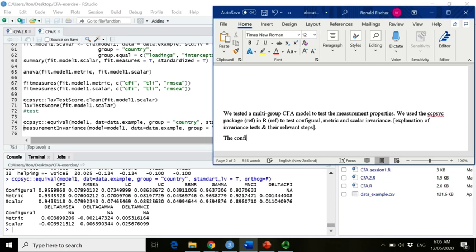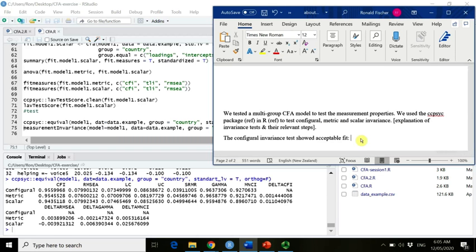The configural invariance test showed acceptable fit. I'm jumping ahead here a little bit. By the way, we will get to some important information that we still need here.